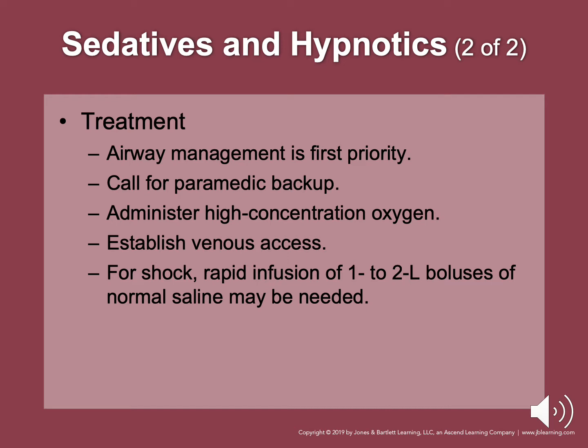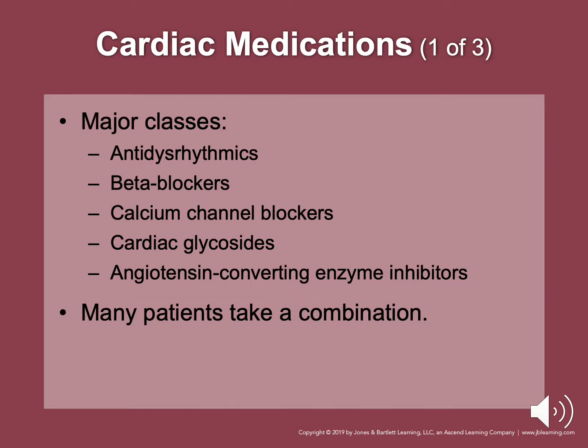Some of these patients do take a combination of all of these, so you may see all these signs and symptoms of overdose with these patients. Get your IV access, contact medical control if possible. Give boluses if they are hypotensive to maintain their blood pressure.